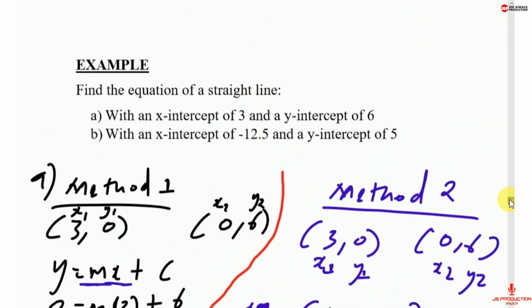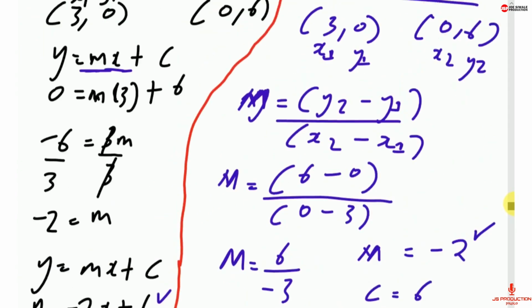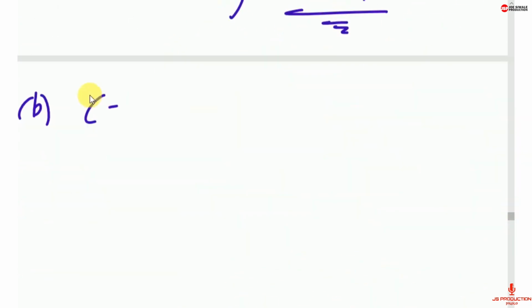Let us look at question B. Question B reads, with an x-intercept of negative 12.5 and a y-intercept of 5.